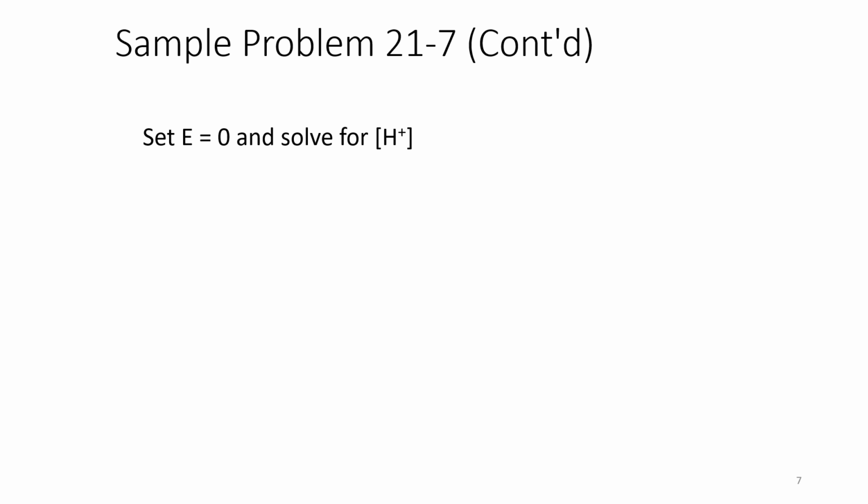Continuing sample problem 21-7, we want to know what the pH is, so we're solving for our H plus when our voltage is 0. Not our standard voltage, because we're not necessarily at standard conditions. Some things are at standard conditions, but we want to know what the H plus concentration is. So we're going to take our Nernst equation, and we're going to set our E to be 0.